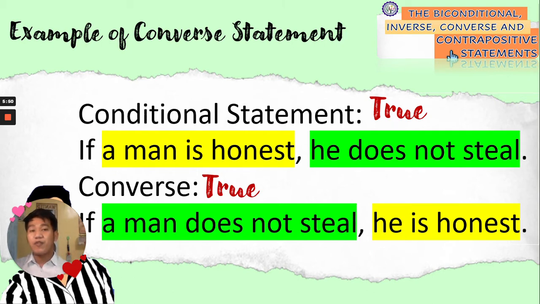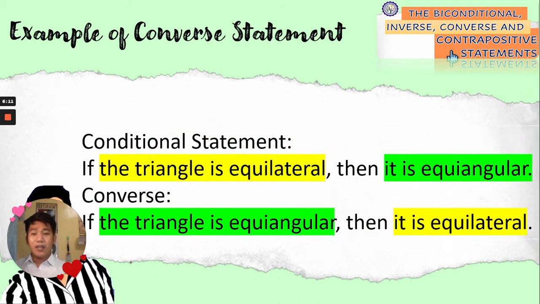And remember, from the previous week, I said in my previous video that a conditional statement does not always appear in the if-then form. Sometimes if and then can be omitted. Another example of a converse statement: if the triangle is equilateral, then it is equiangular.